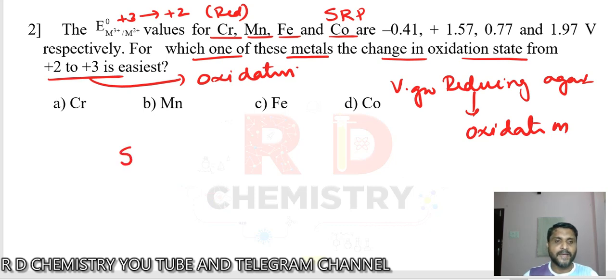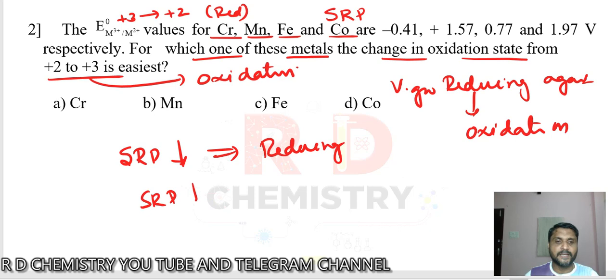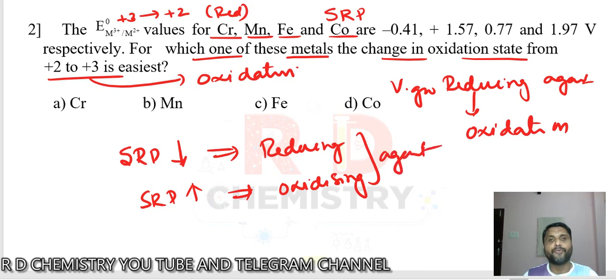Now, if the SRP value is very low, then it is a very good reducing agent. As the SRP values go on increasing, they become very good oxidizing agents. Now find out which metal has the lowest SRP value.